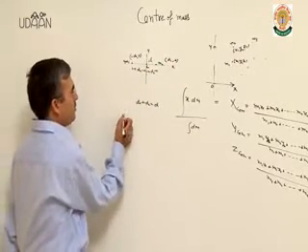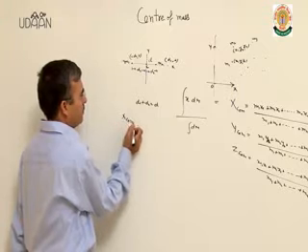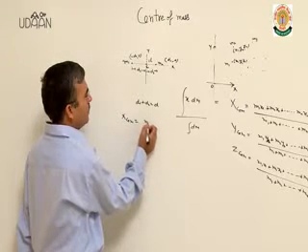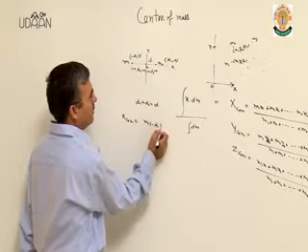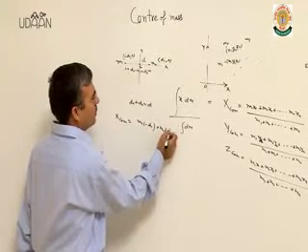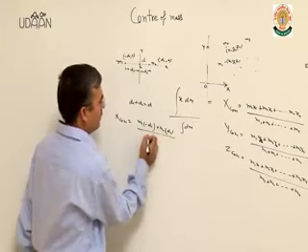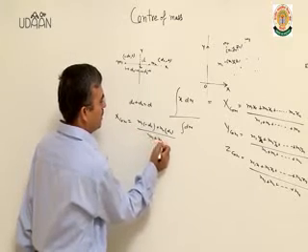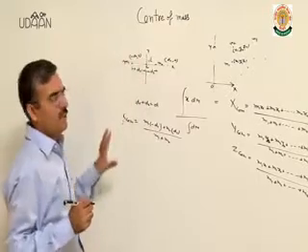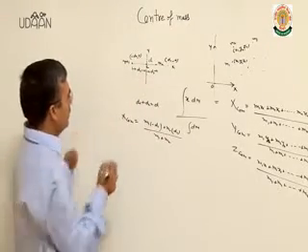So x-COM will be equal to m1 into minus d1 plus m2 into d2 divided by m1 plus m2. But x-COM is 0 because I have taken the center of mass as the origin.